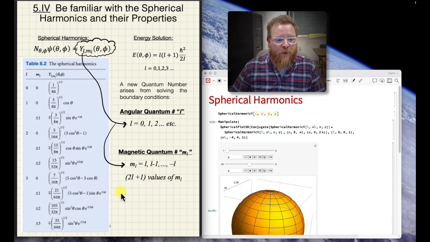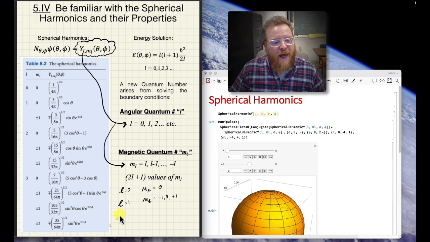So for example, if L is equal to 0, ML only has one value, and that value is 0. If L equals 1, we can see here 2 times 1 plus 1 gives me 3. So there will be 3 values of ML, and those values will be -1, 0, and +1.